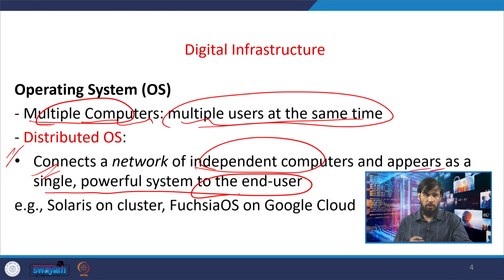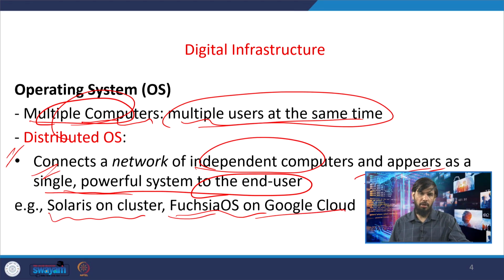These computers can be connected via a dedicated or shared network, and the distributed OS coordinates all of them. To the end user it appears as a single powerful system, but actually the distributed OS is managing multiple computers. Examples are Solaris on a cluster and Fuchsia OS on Google Cloud.